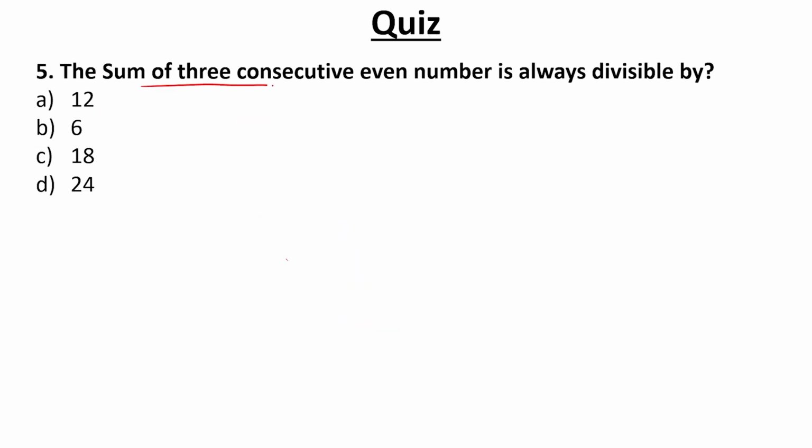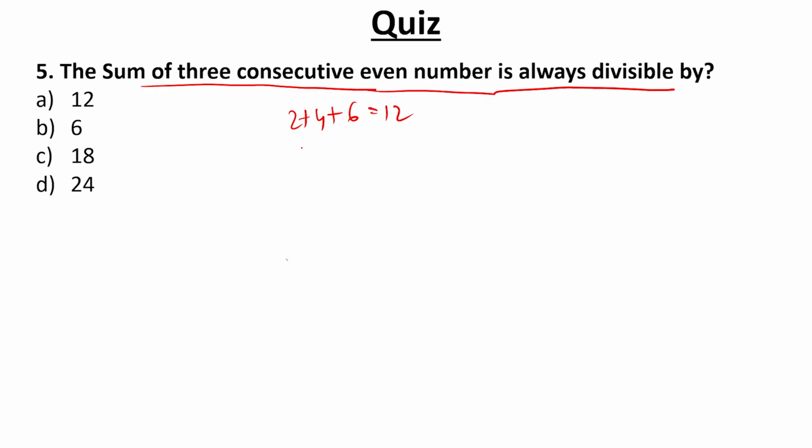The sum of 3 consecutive even numbers is always divisible by what? Let's take 2 plus 4 plus 6: 6 plus 4 is 10, plus 2 is 12.